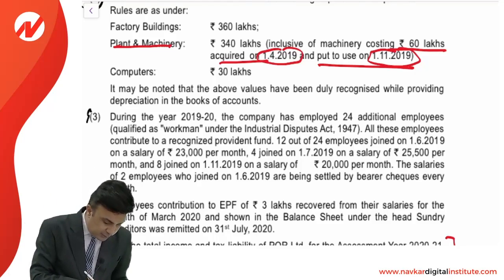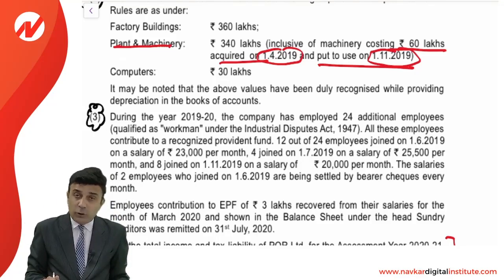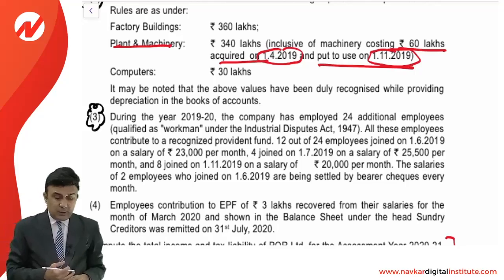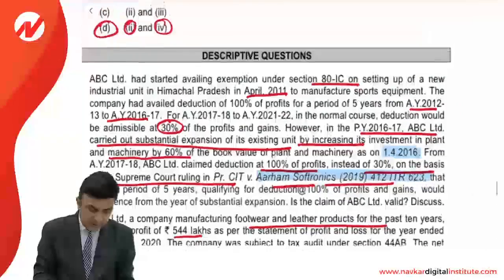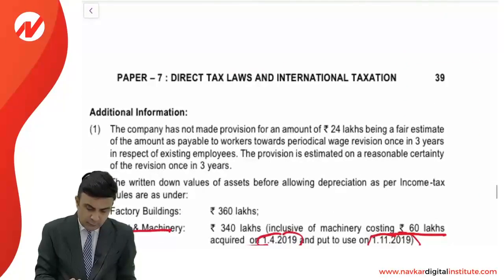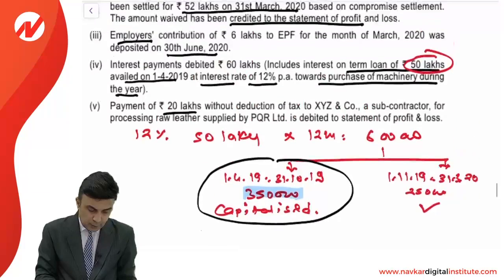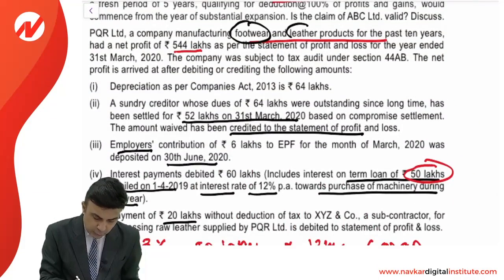Friends, this takes us to 80JJAA of the Income Tax Act. Now very carefully listen. When I started the sum, I said that my client is into the business of manufacturing footwear or leather products.